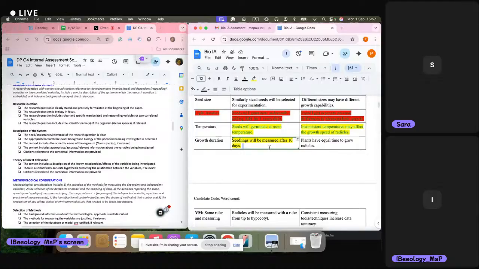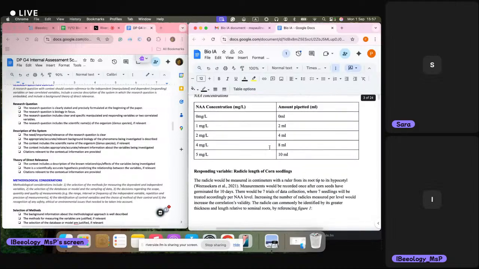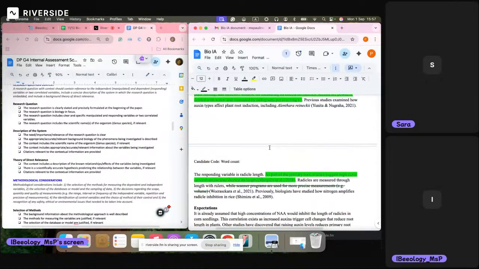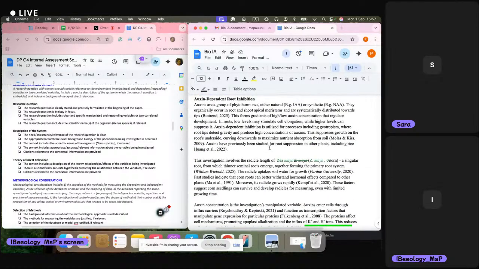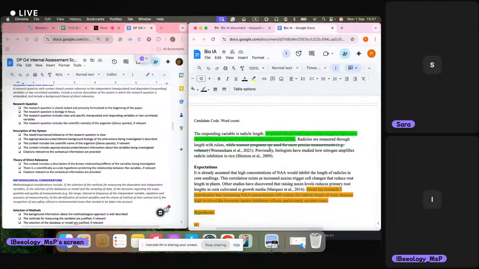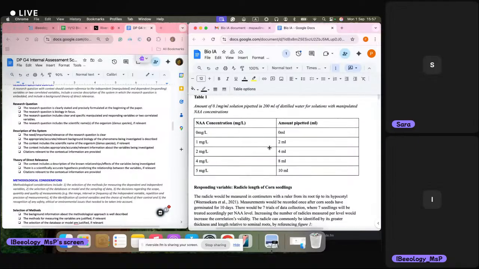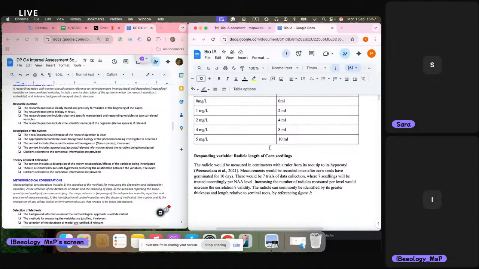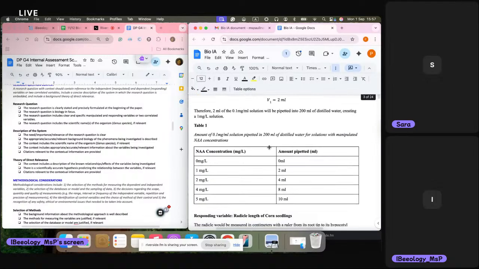I think I had cited information that it was around 10 days to germinate. Okay, good that you have 10 days germination. It's just that I don't know where that is. So just make sure that that is substantiated, or that it is specified in the background information. All right, so that's that.